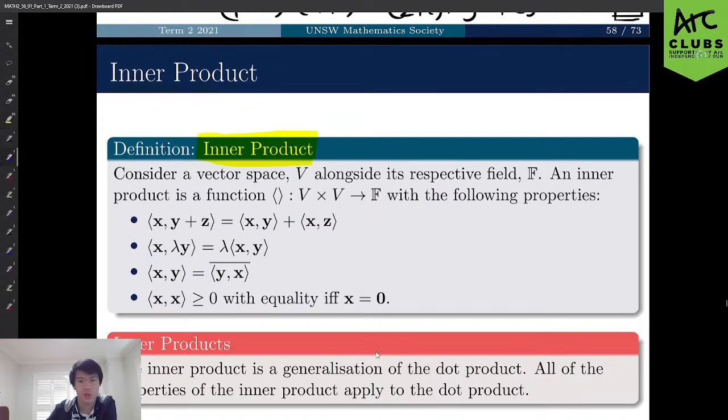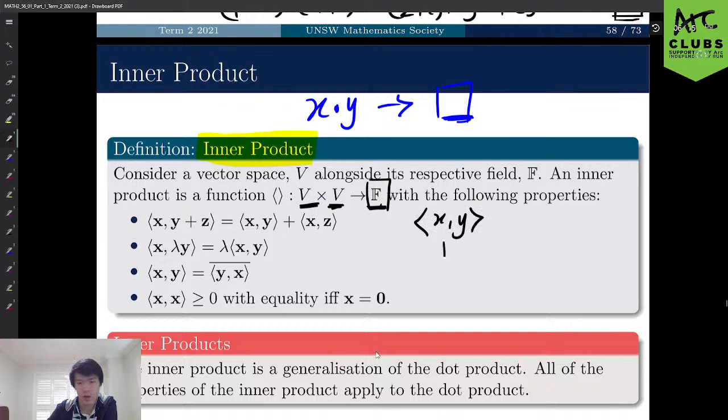From the dot product, it maps x and y and converts that to a single number. So we want an inner product that maps V times V to the field, just a single number, and that will be denoted by this. So <x, y> is called the inner product of x and y.